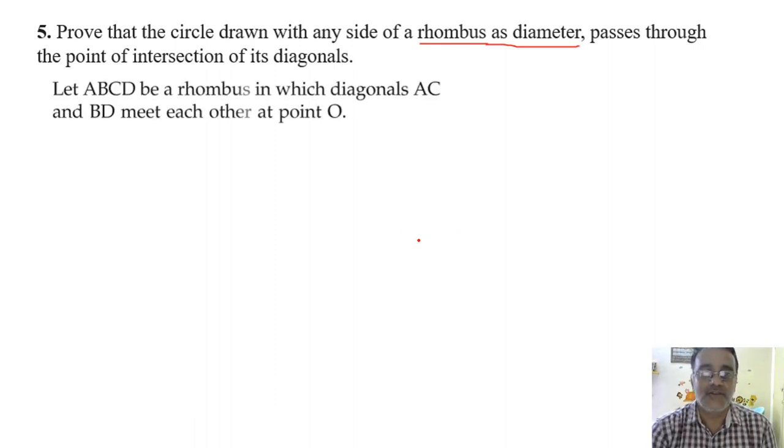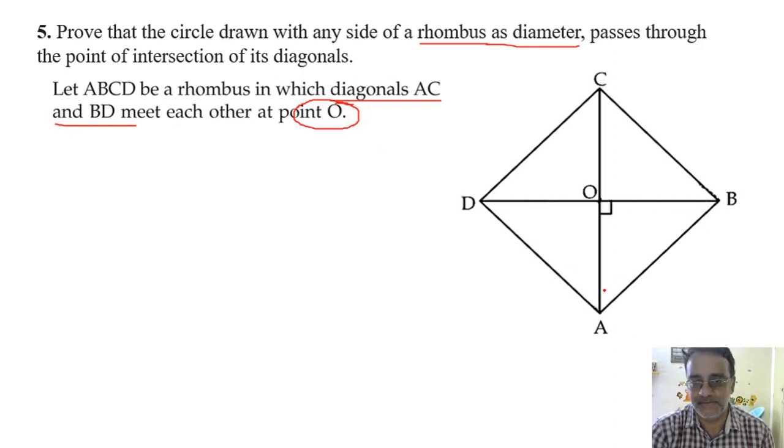Okay. So let ABCD be a rhombus in which diagonals AC and BD intersect at point O. And what is the property of the diagonals of a rhombus? Diagonals bisect at right angle.